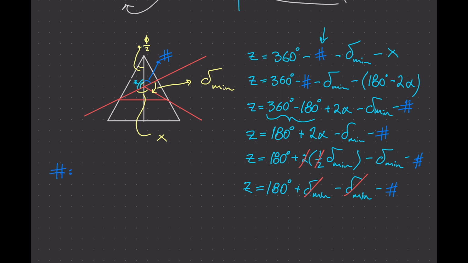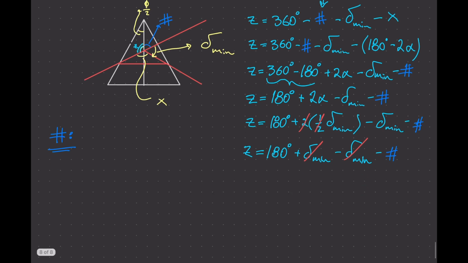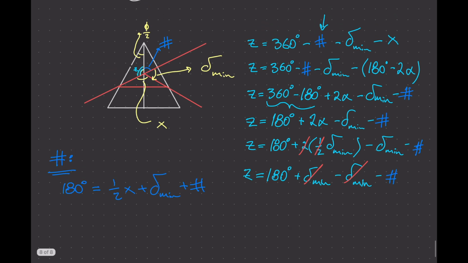So I'm going to write over here blue hashtag, colon, underscore to show that we're going to solve for it here. I'm going to start off with the identity that I discussed, which is 180 degrees. I can split that up into half of x, delta min, and blue hashtag.